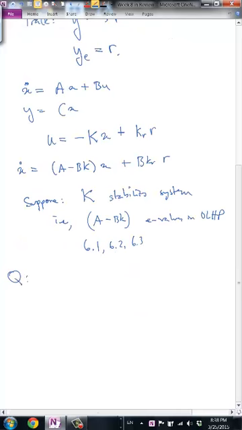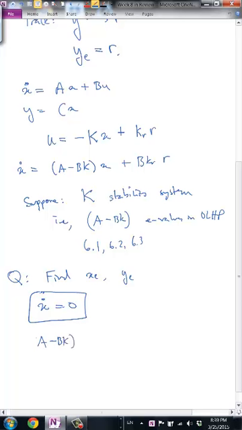Now suppose we're asked to find the equilibrium value of x and the equilibrium value of y. How do we do that? We set the dynamics equal to 0. We're at equilibrium if we're not changing, which means x dot is equal to 0. So (A minus BK) x plus B k_r r is equal to 0.